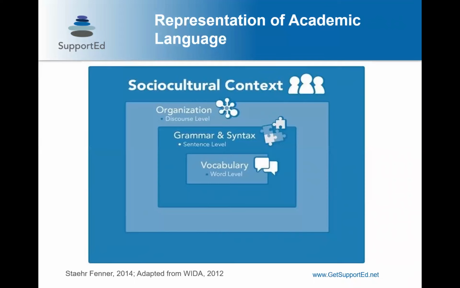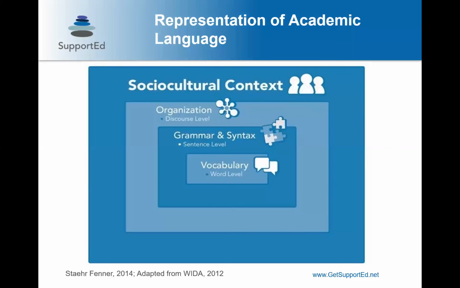So it's basically how we organize our language based on genre and modality. For example, you might expect to encounter different discourse styles in a biology textbook than you would see or hear in casual conversations on the playground.